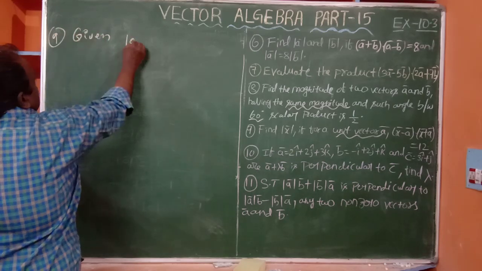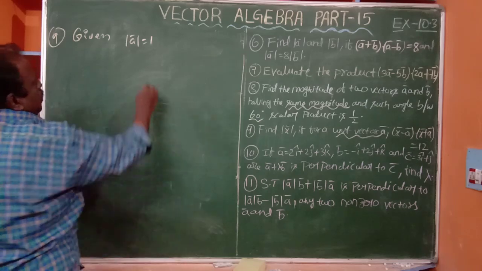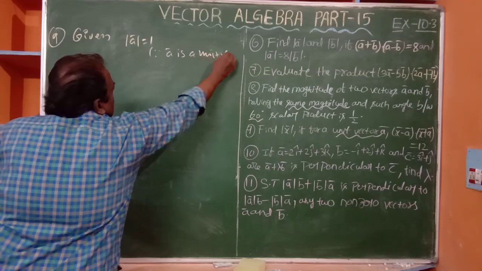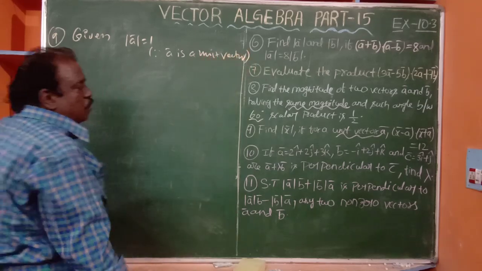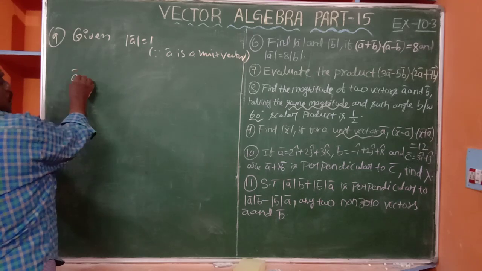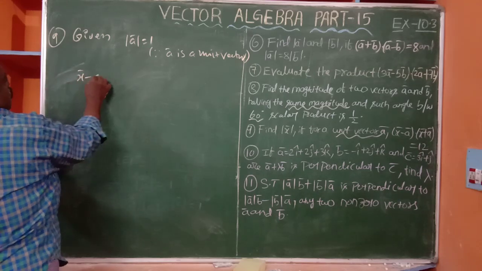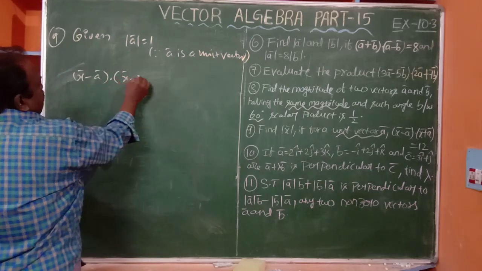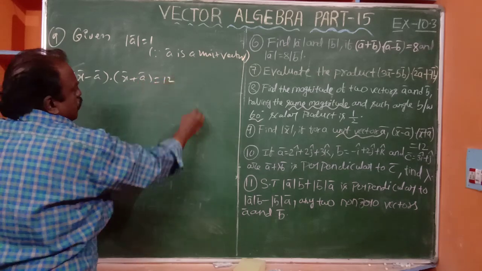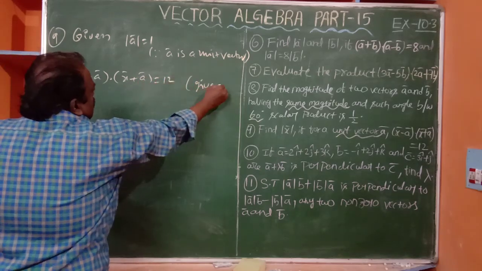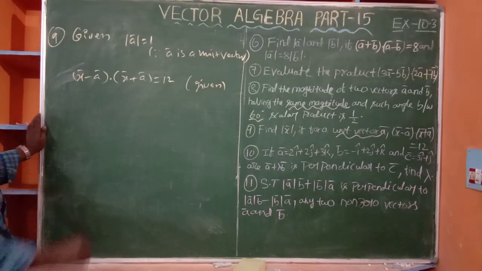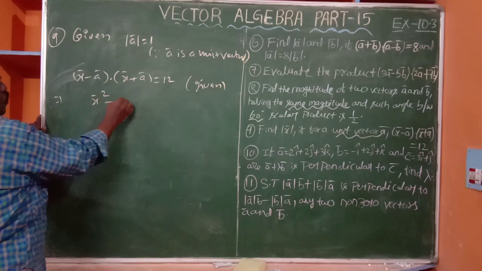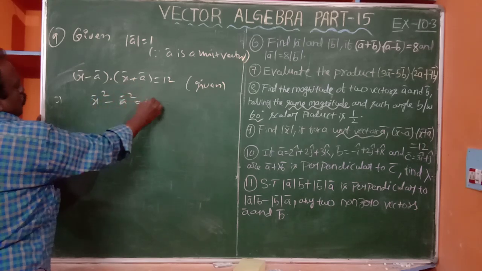Given modulus of a bar is equal to 1. Why? Because a bar is a unit vector. And x bar minus a bar dot of x bar plus a bar is equal to 12 is also a given condition. Already I told you, x minus y into x plus y. X bar square minus a bar square is equal to 12.